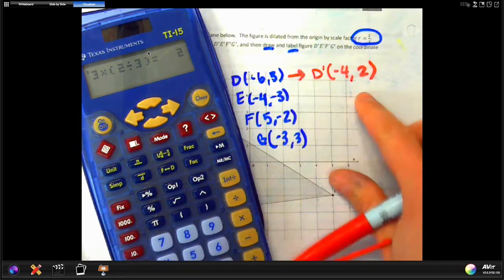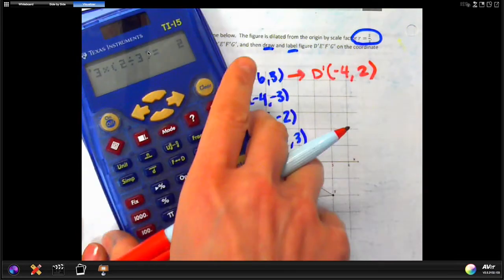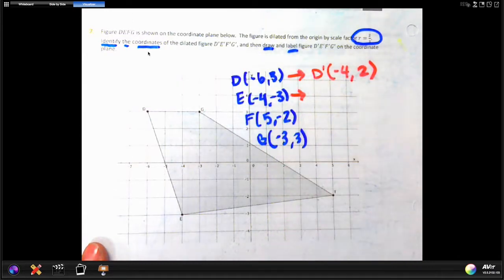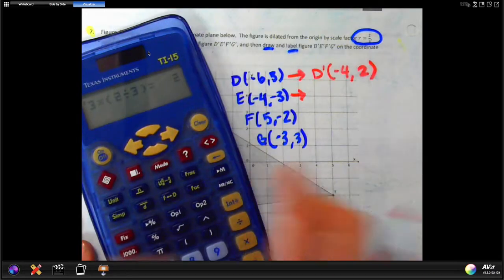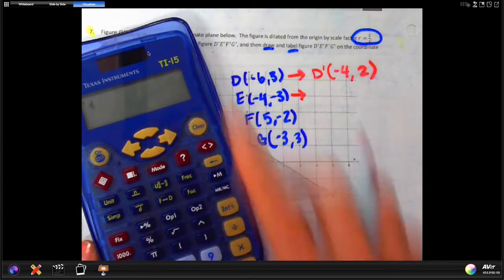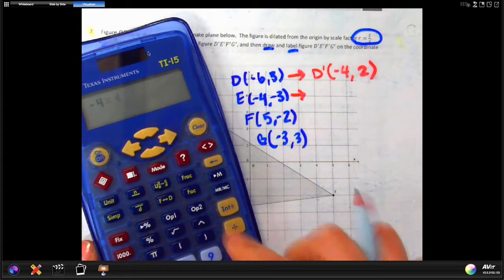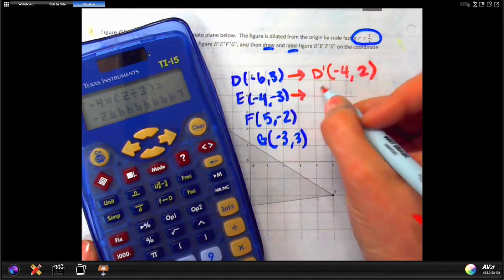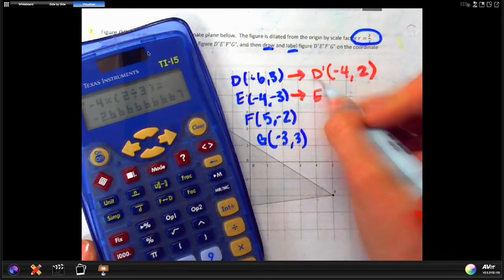Now, these came out as nice whole numbers. However, some of them won't come out to be whole numbers. So, for example, if I do the next one, negative 4 times parenthesis 2 divided by 3, I get negative 2.6 with a 7 at the end.